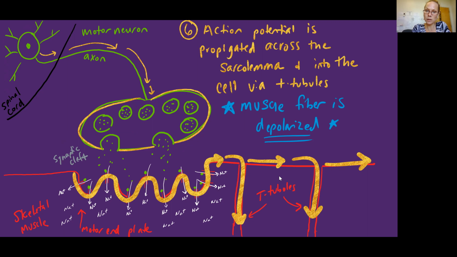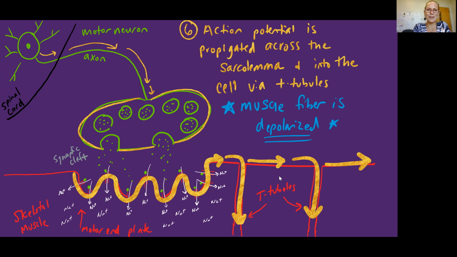Calcium entered the synaptic knob, triggering exocytosis of acetylcholine. Acetylcholine diffuses out across the cleft and binds to our chemically gated sodium channels embedded in the motor end plate. Those channels open, sodium floods the cell. That is our action potential.